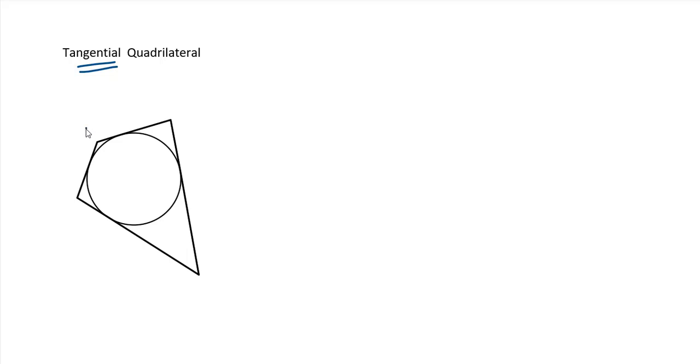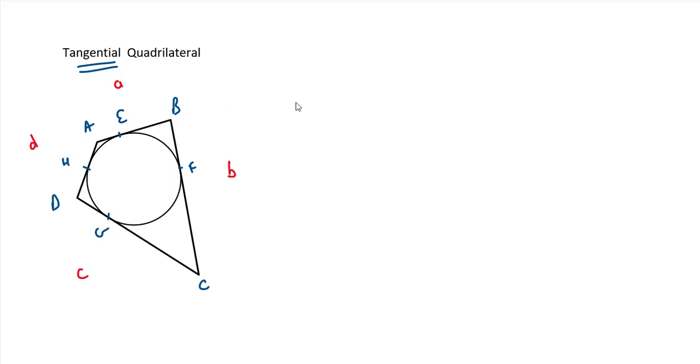Let us name this quadrilateral A, B, C, D. Then the points at which the sides are tangent, let's call this E, this is F, this is G, this is H. Let the length of this side AB be equal to a, this entire thing BC be equal to b, DC be equal to c, and AD be equal to d. So these are the lengths.